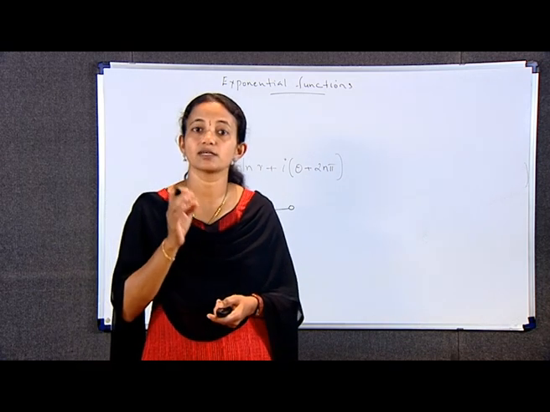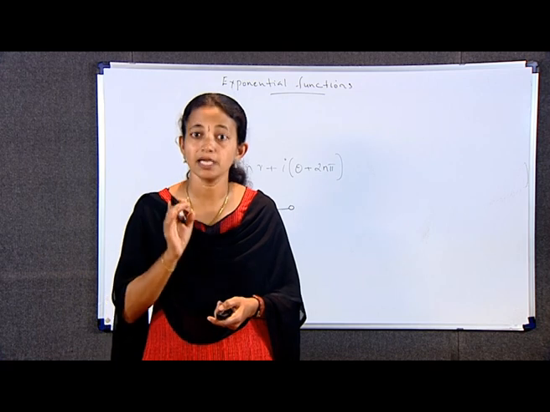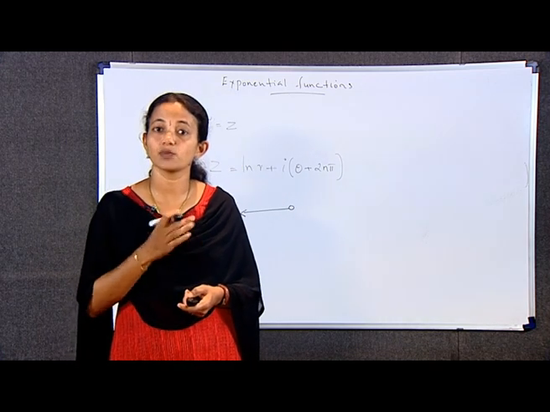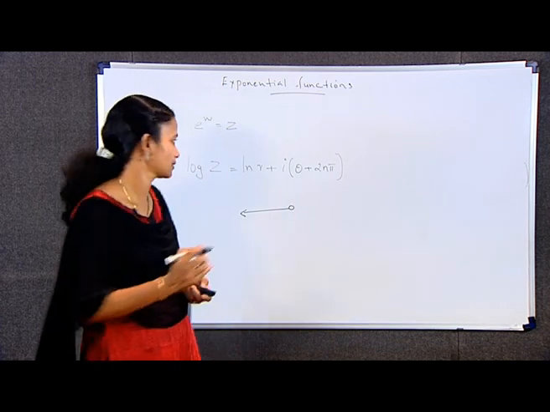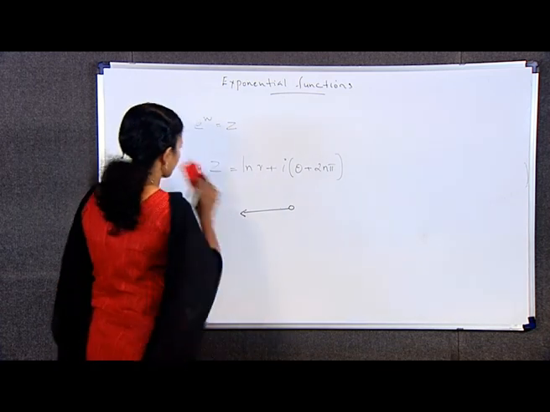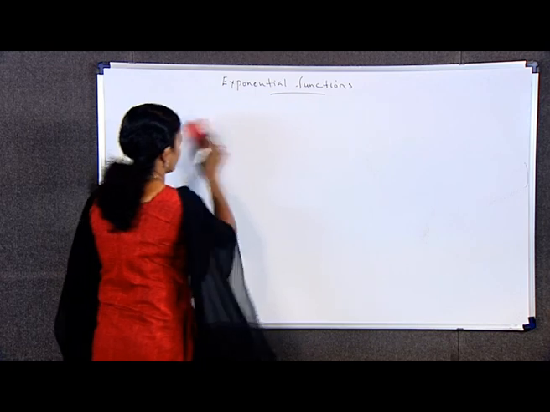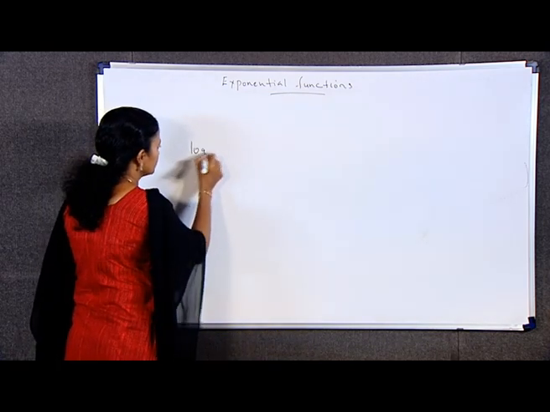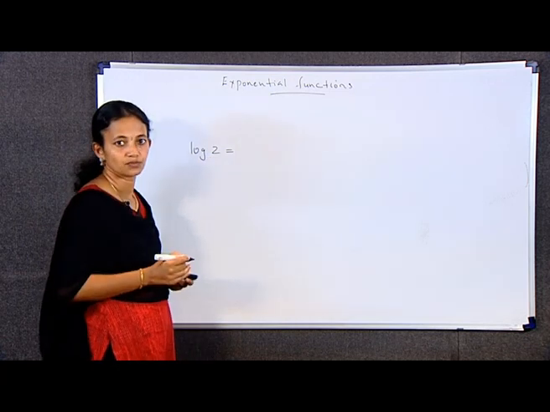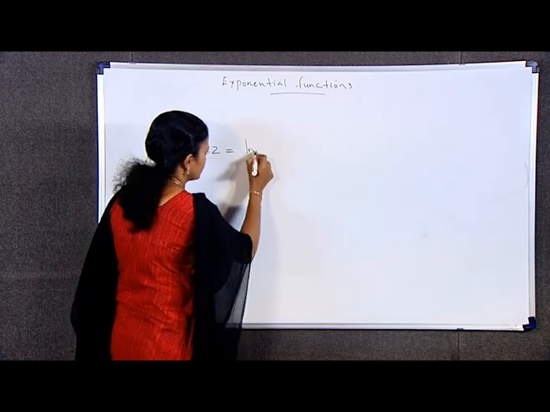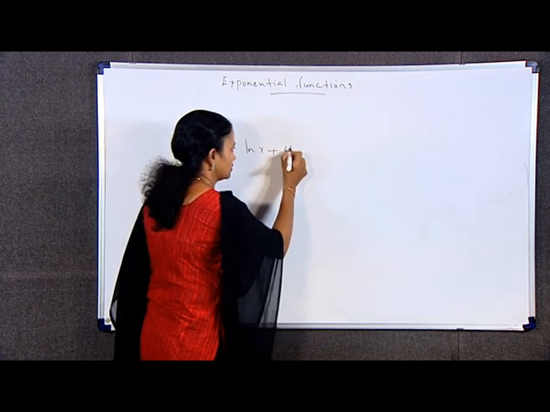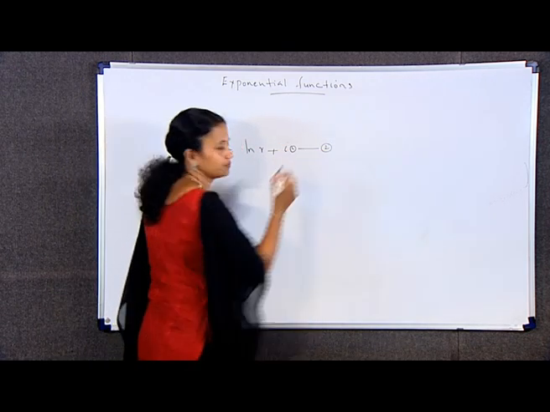Where theta is equal to argument of z, that is the principal value of arg z. Hence, equation 1 can be written as log z is equal to ln r plus i theta, equation number 2.